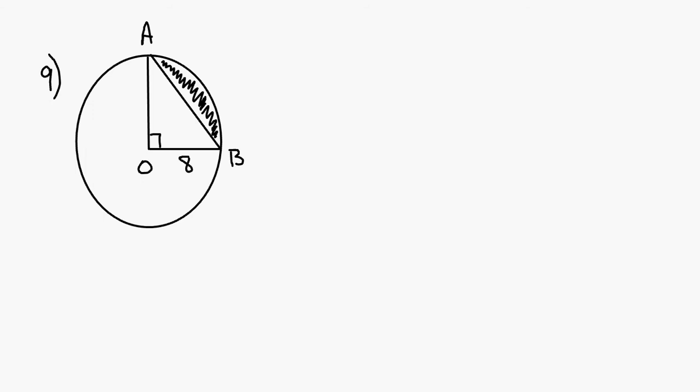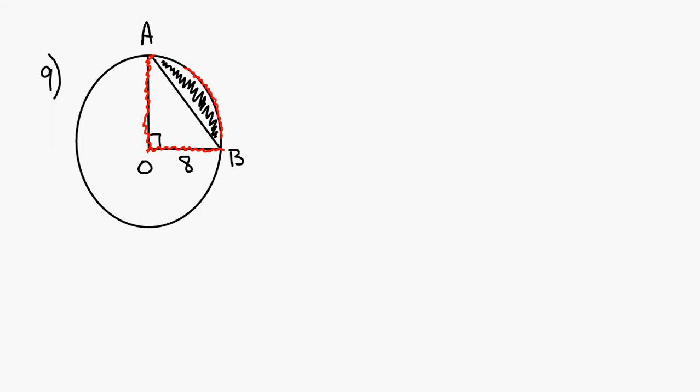Okay? So in order to find the area of this shaded region, we don't have a formula that fits that. But what is in this picture is a sector of a circle that you do know the formula for. Okay, there's a sector.